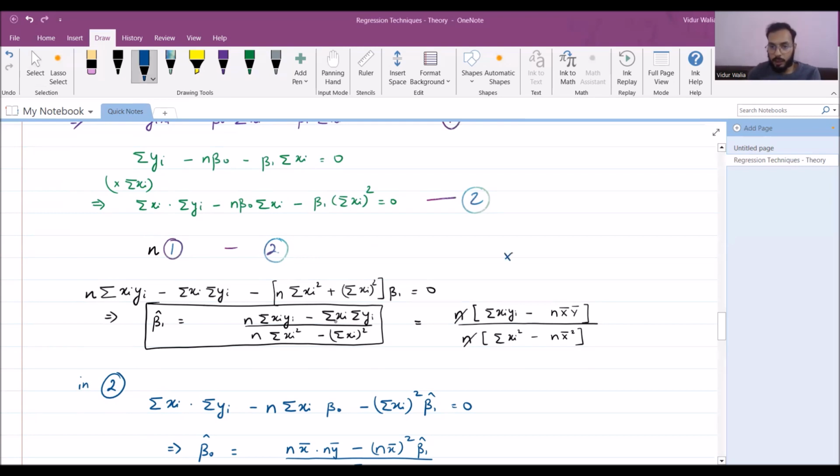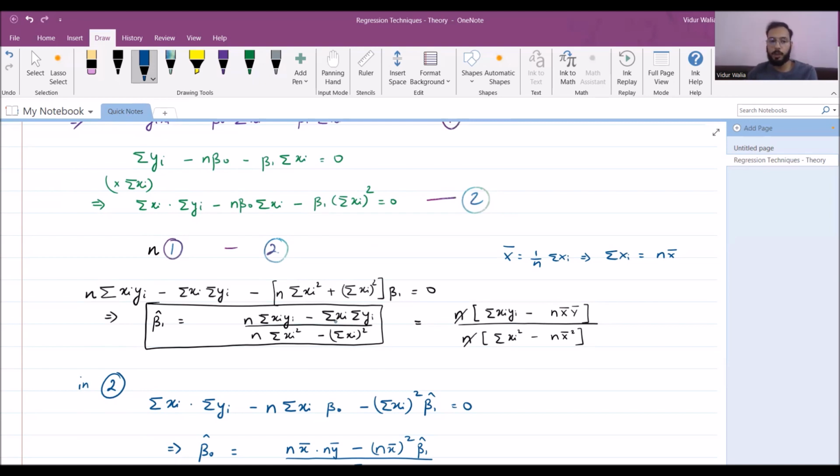Very easily, I know that x bar is equal to 1 by n summation xi. This implies I can also write summation xi as n times x bar, and that's what I've done over here. One n is common, so nx bar, and then this was ny bar. One n came out as common, one remains over here. Same thing, this becomes nx bar times nx bar. This n is out common, then one n got out common and one remains.